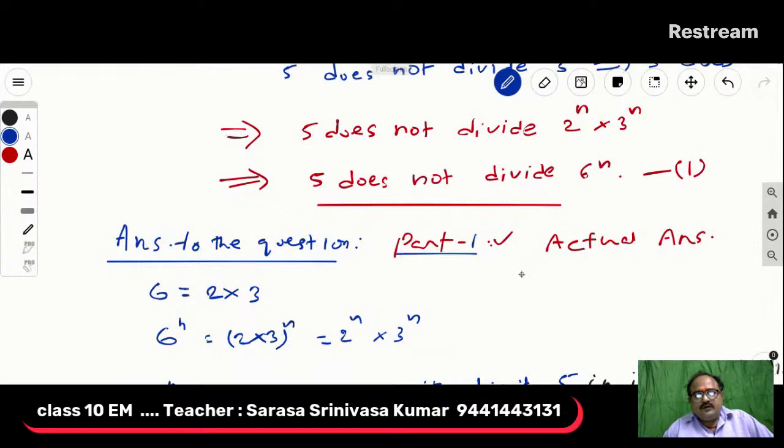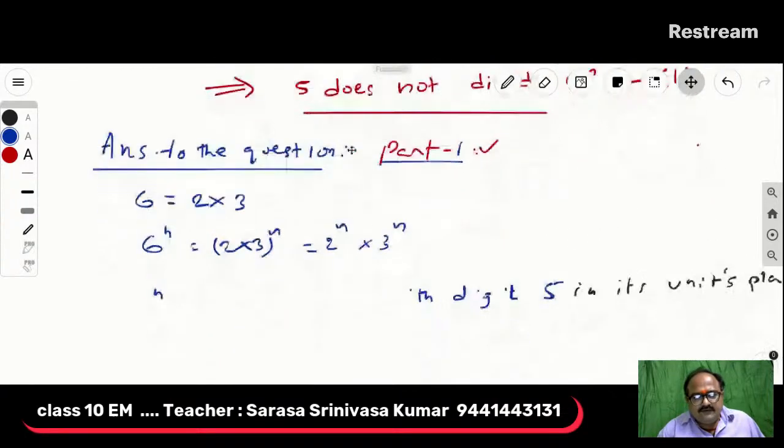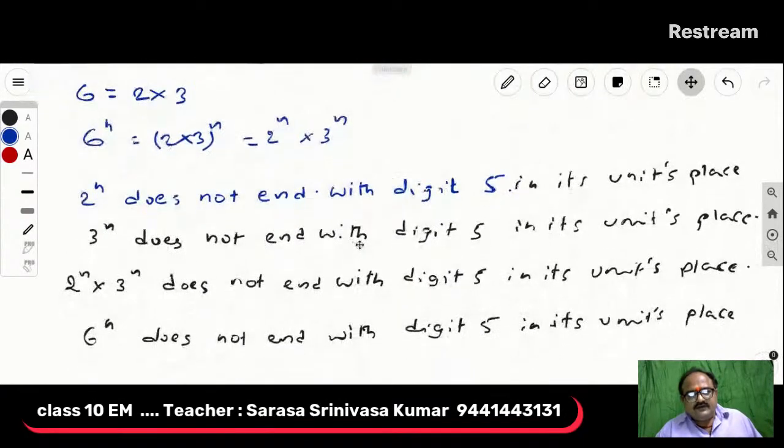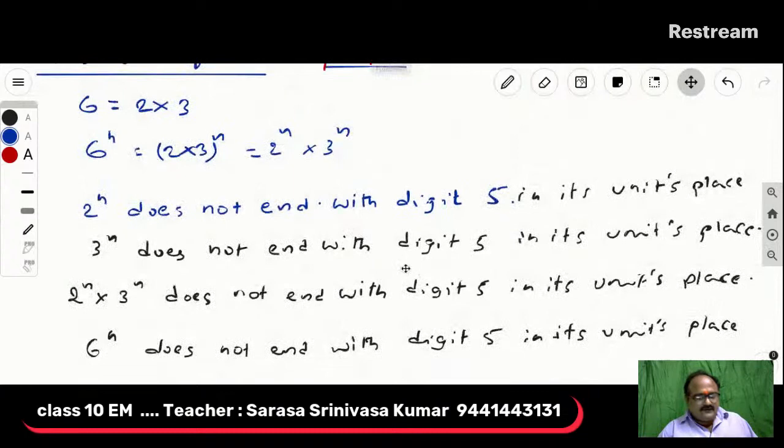So I did two problems, that is divisibility by 5, and the second one is whether the units digit of 6 power n ends with 5 or not. So this is the mathematical proof for this.